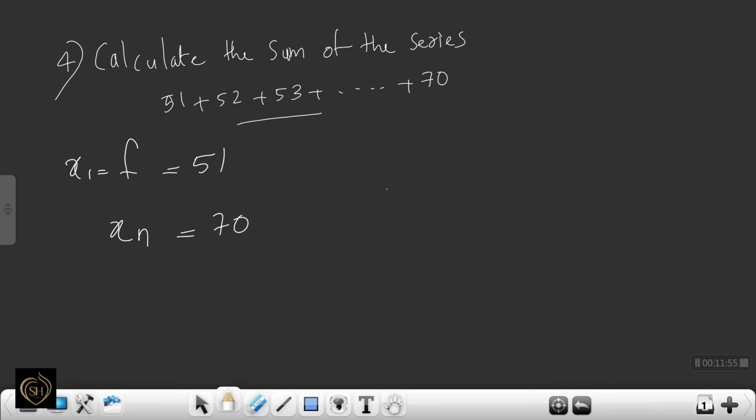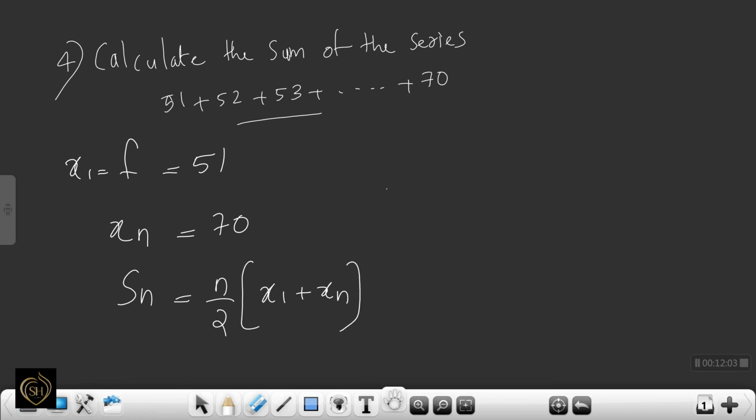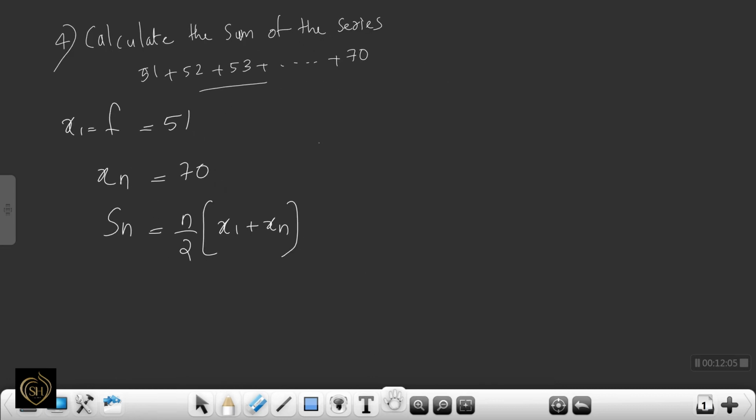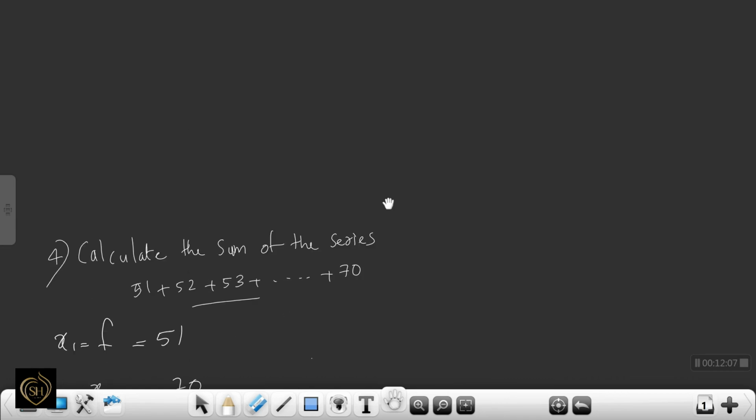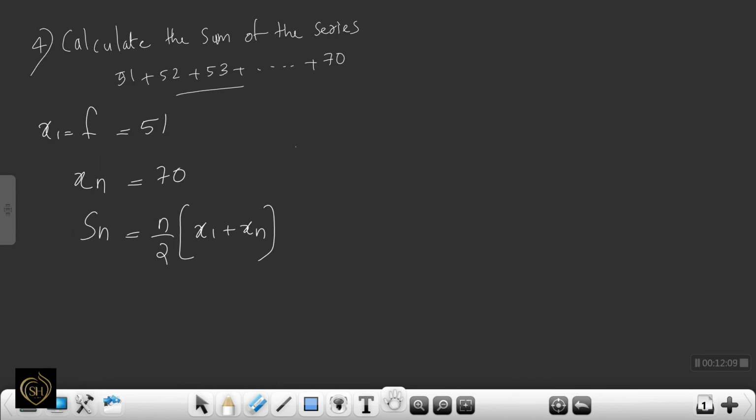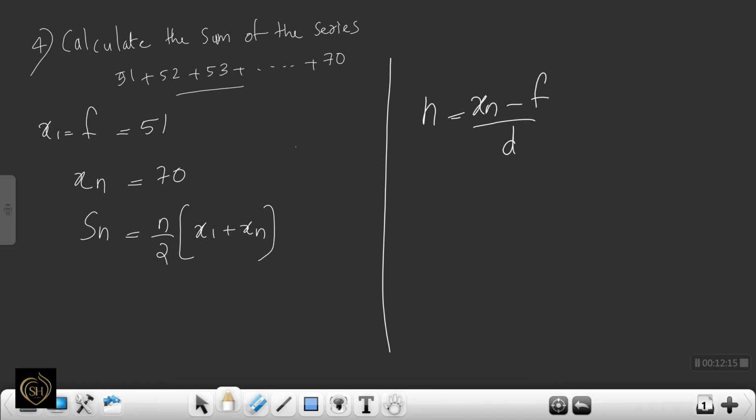Here also we can use the formula Sn is equal to n by 2 into first term plus last term. But n is not given in the question. n we want to find, using the formula n is equal to xn minus f by d plus 1. xn is 70, 70 minus first term 51, divided by d.